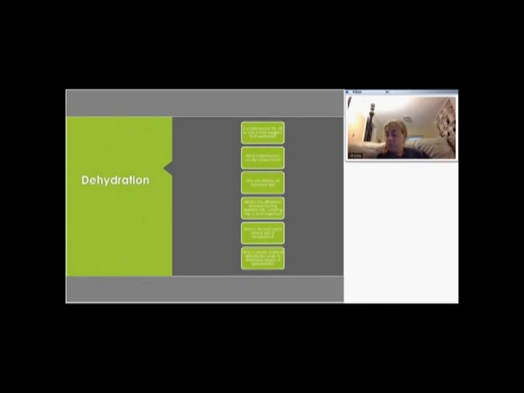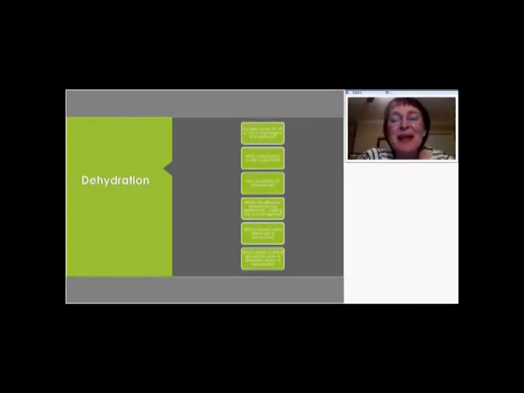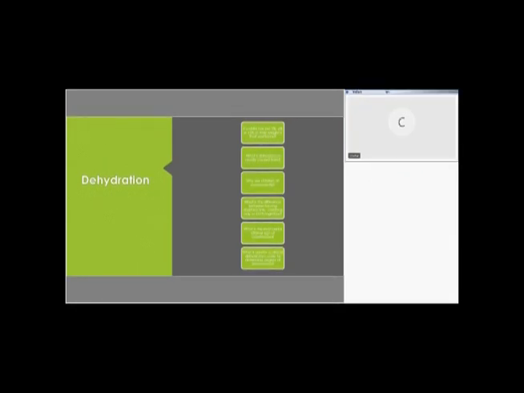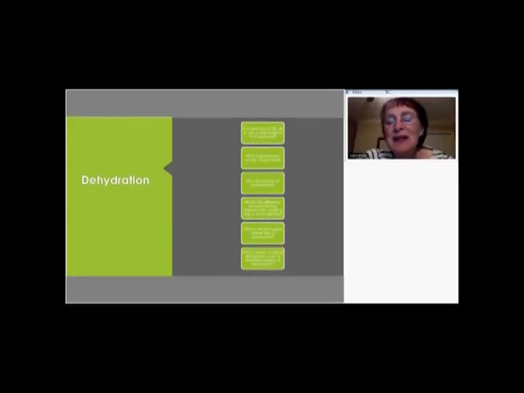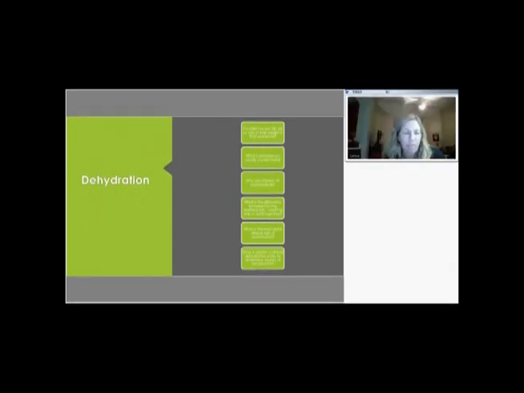It's all worrisome, isn't it? What is dehydration usually caused from? Inadequate intake. Or excessive loss, output, right? Diarrhea, vomiting, fever.